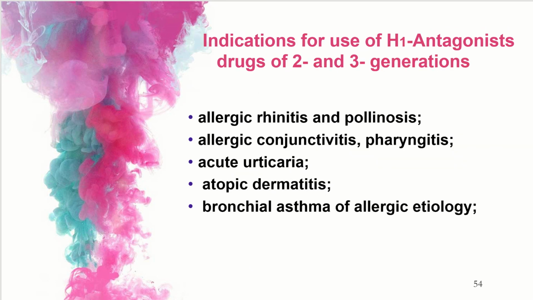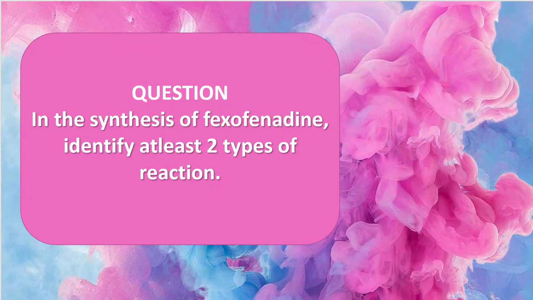The indications for use of second and third generation antihistamines: allergic rhinitis, allergic conjunctivitis, acute urticaria, which is the hives, atopic dermatitis, bronchial asthma, etc. And our final question is: in the synthesis of fexofenadine, identify at least 2 reaction types.